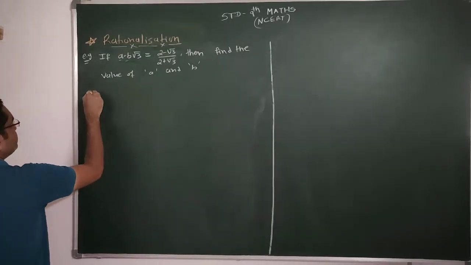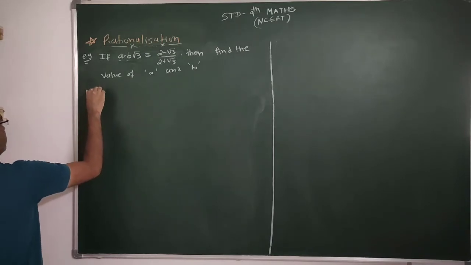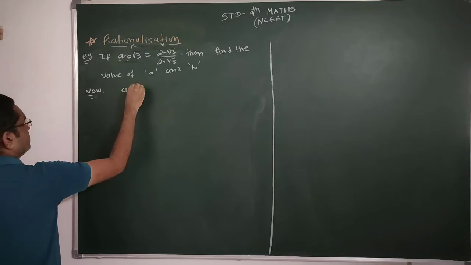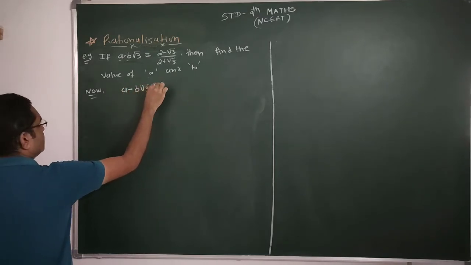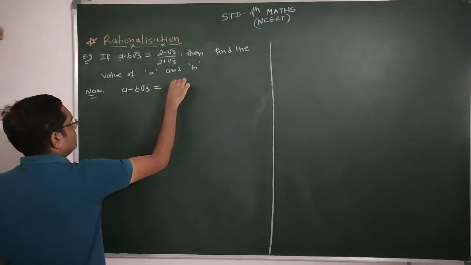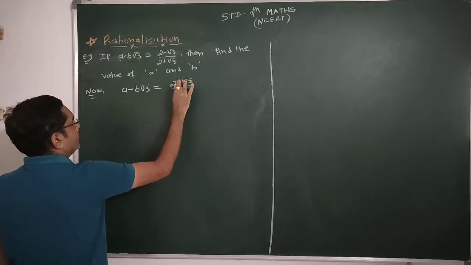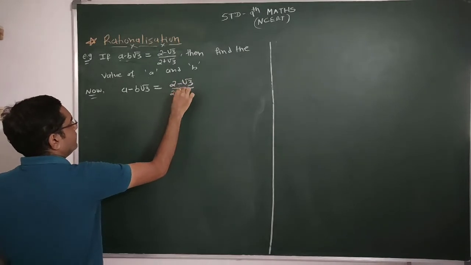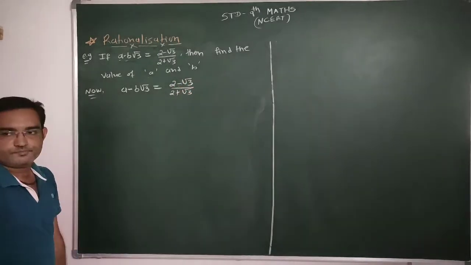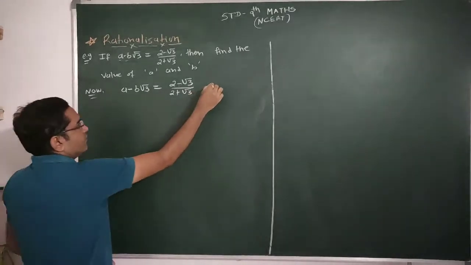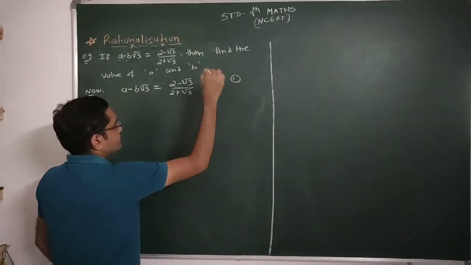So here, first we start with the given equation. We are given that a minus b root 3 is equal to 2 minus root 3 divided by 2 plus root 3. Done? So now say this is equation 1.